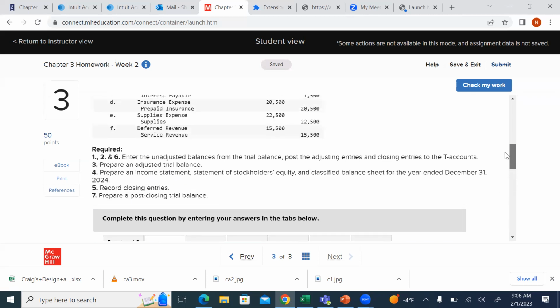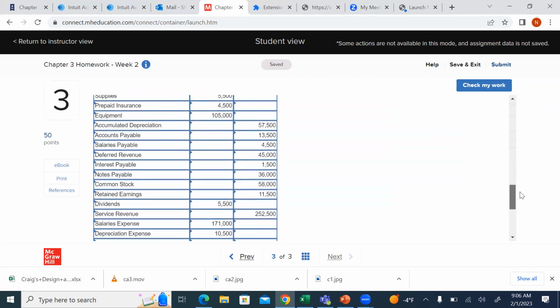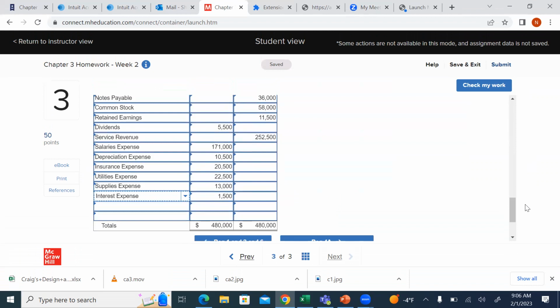Now, it says, from this adjusted trial balance, we're going to prepare an income statement, statement of stockholders' equity, and a balance sheet. What are the numbers we're going to use for an income statement? Revenues and expenses only. So do you guys see at the bottom here, we've got the revenues of 252.5 and all the expenses. That's all we're going to use to create our income statement.